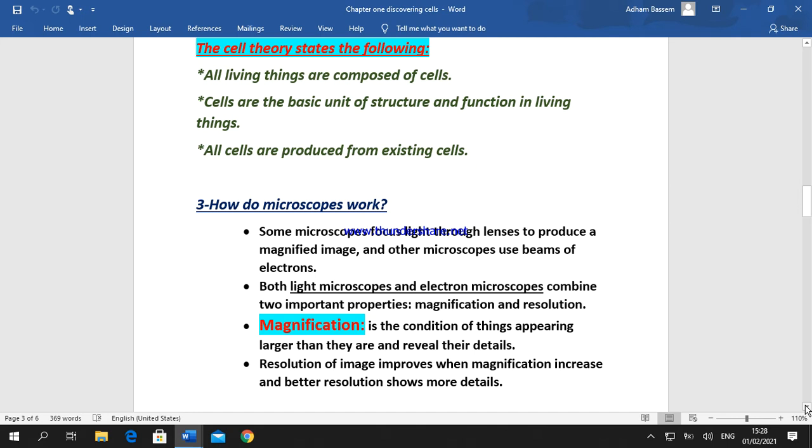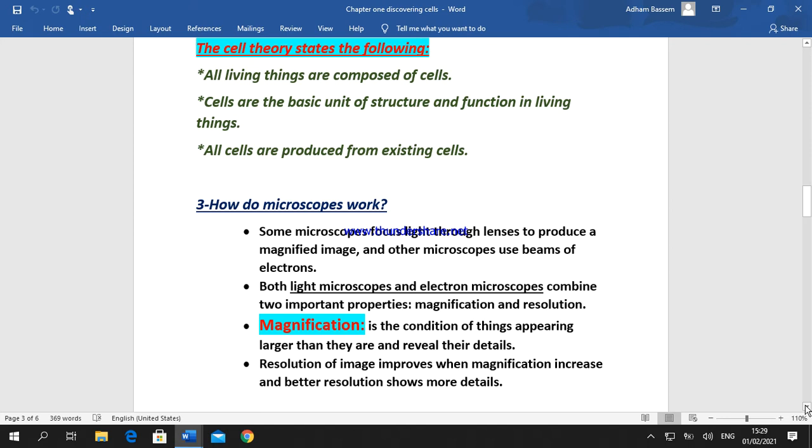A convex lens is a curved glass that is thick at the center and thin at the edges. The main function of convex lenses inside a microscope is focusing and gathering light to help the microscope produce a magnified image.